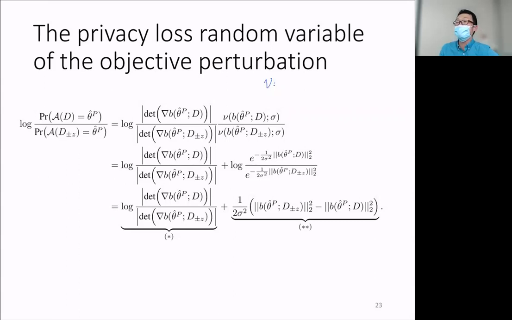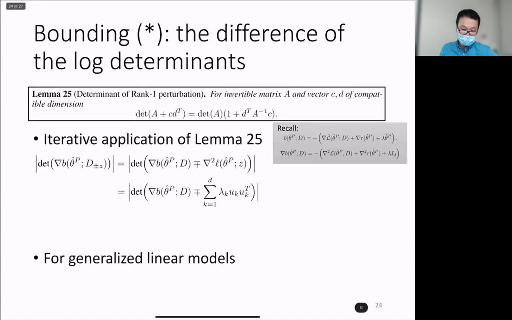This decomposes the problem into bounding the part of the ratio due to the determinant and bounding the part due to the probability density function of the normal distribution. One is this star and the other is a double star. You can convince yourself that this is right because log cancels with exponential. With that, we'll proceed to bound the star and the double star separately.